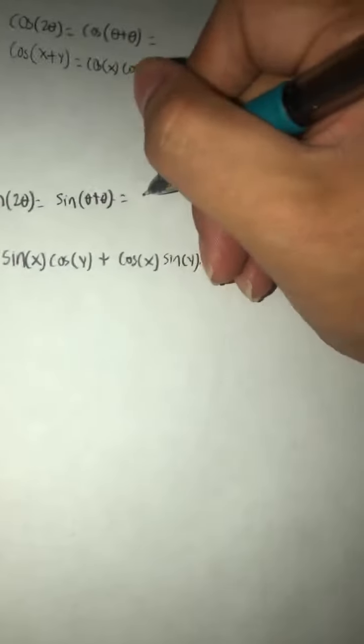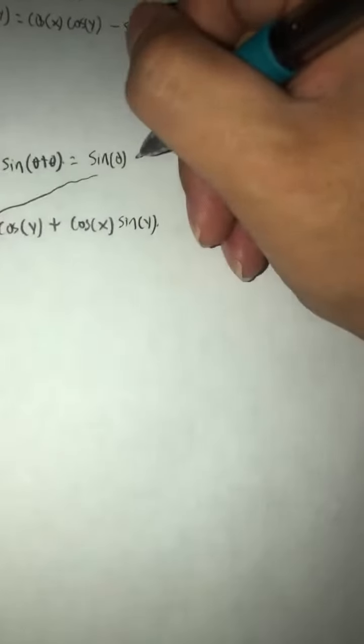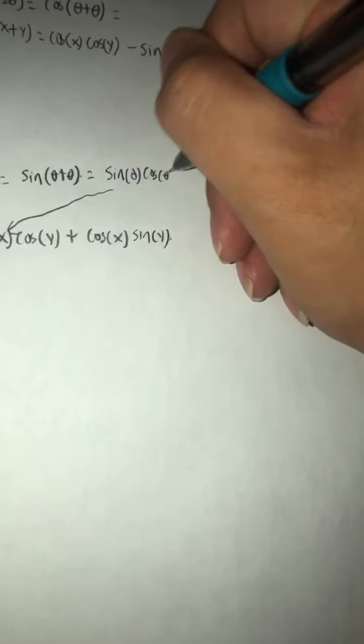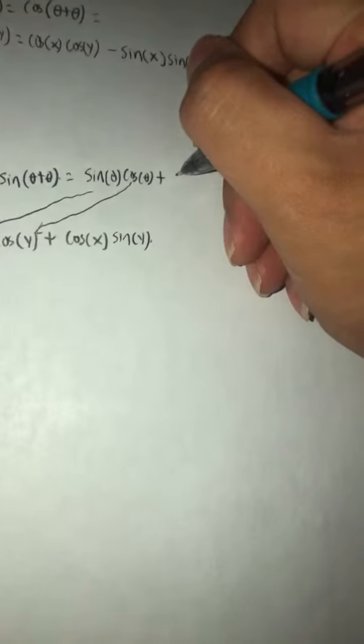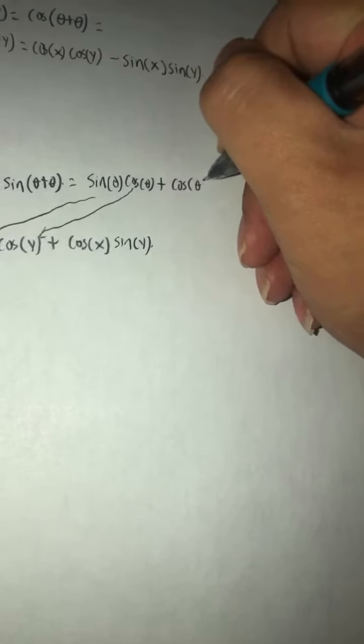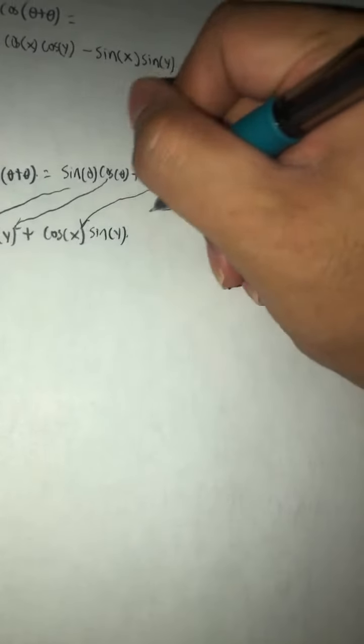So we're going to do sine of theta, and then cosine of theta, right here, and then plus cosine of theta, and that is right here, okay?